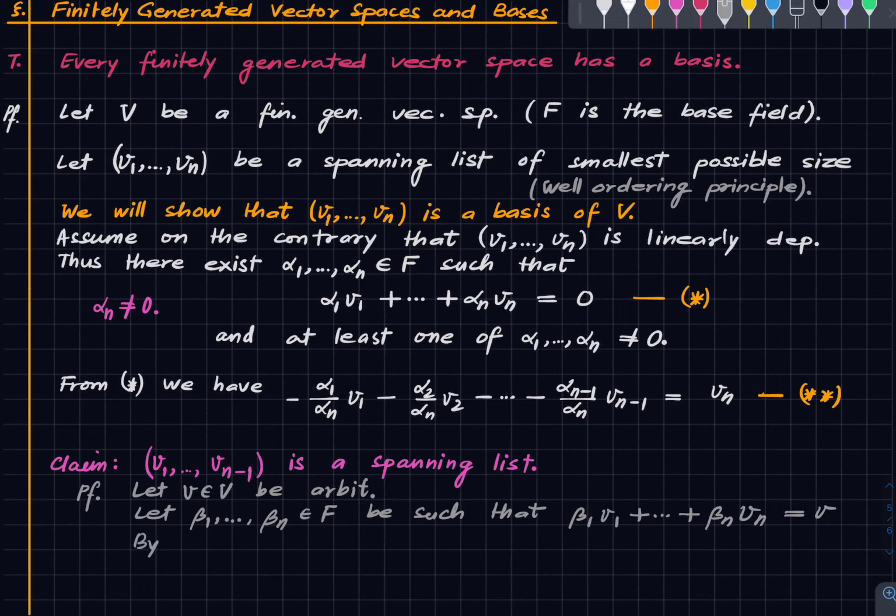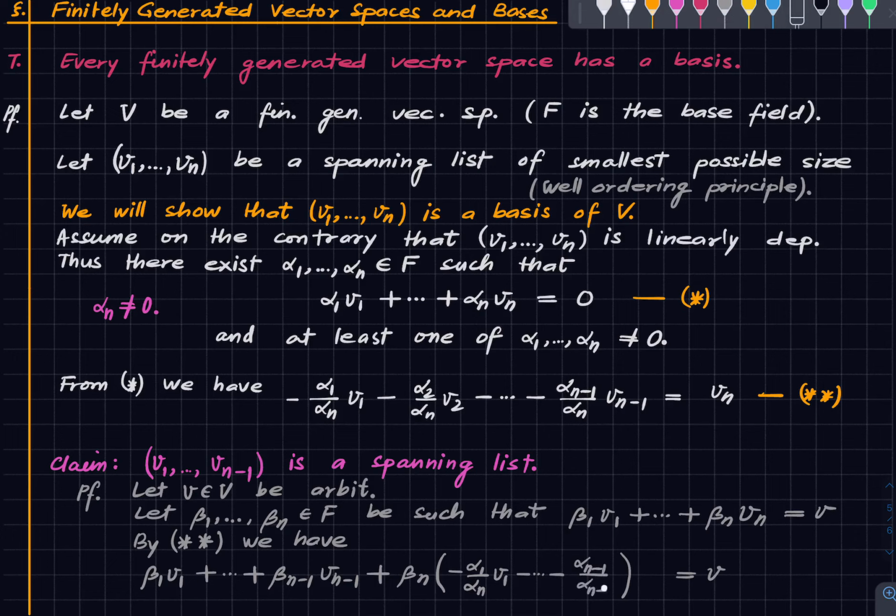So by double star, we have this plus the expression for vn, and this is equal to v. But what is the expression for vn? Minus alpha 1 by alpha n v1 minus dot dot dot.